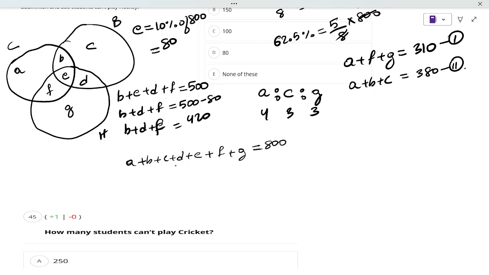B, D and F is 420. A, F and G. Now let's try this one. B, D, F and E, we have 500. So A plus C plus, we're left with G.